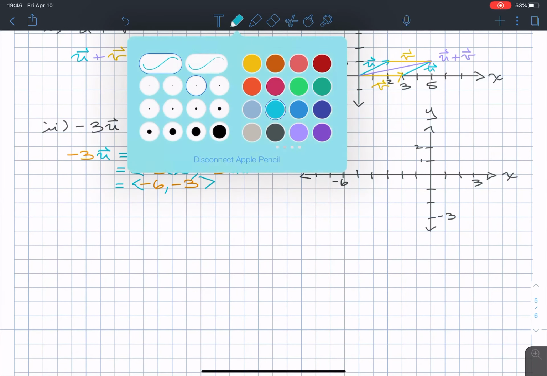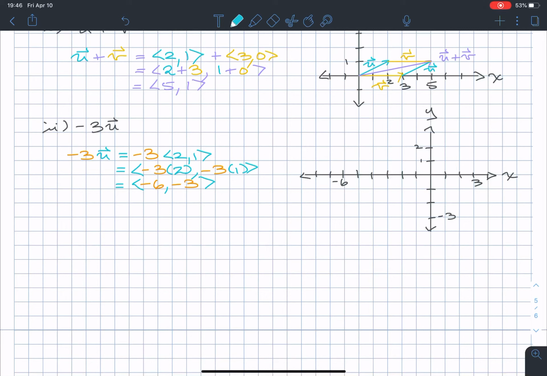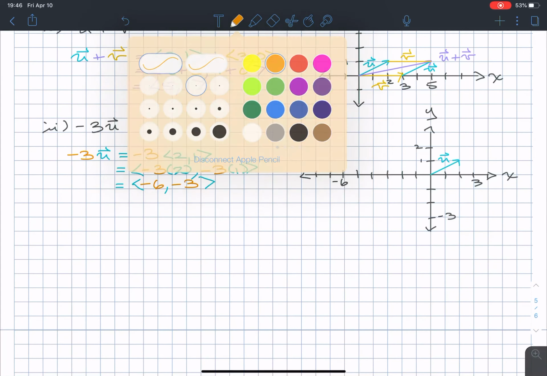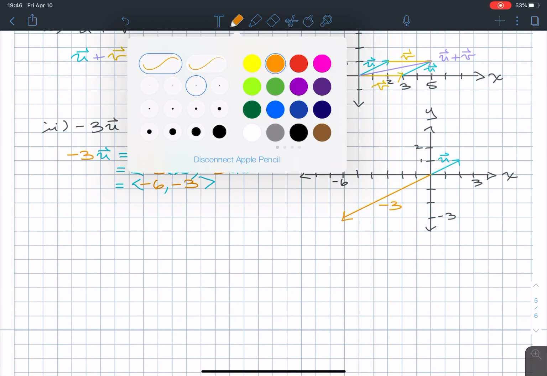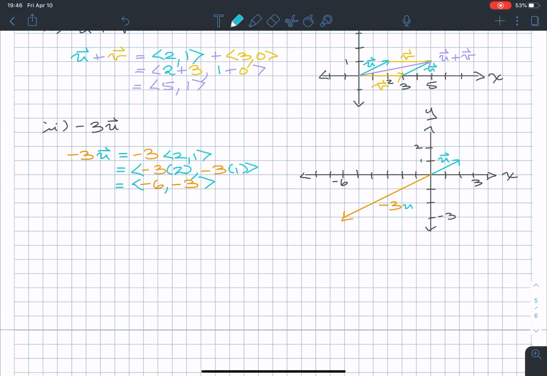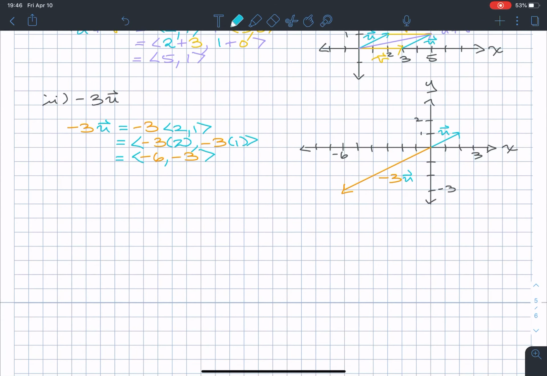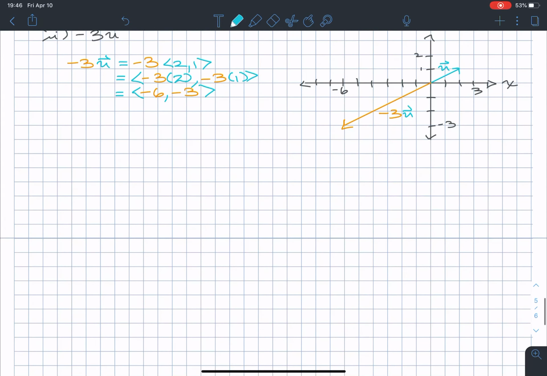Okay, so here's vector u. Vector u is 2, 1. But now let's look at negative 3 times vector u, and that's negative 6, negative 3. So this is negative 3 times vector u, and it's in the exact opposite direction, and it's 3 times longer. Okay, so 180-degree difference.